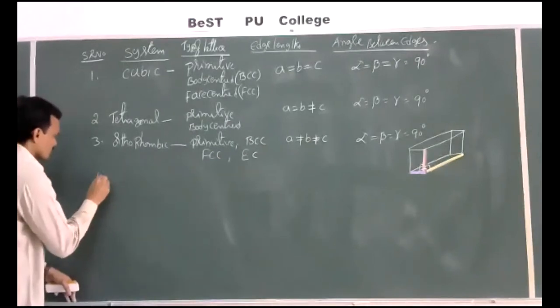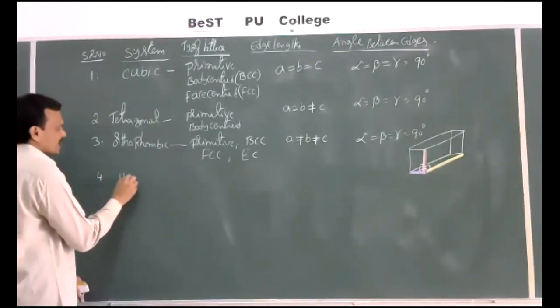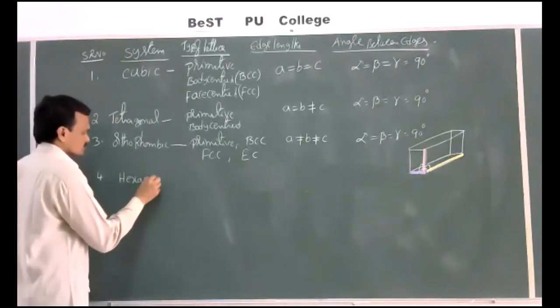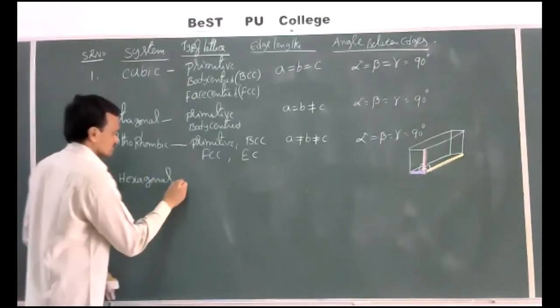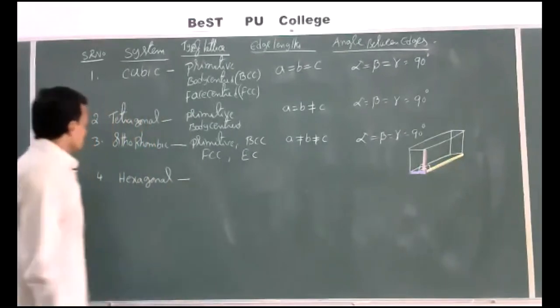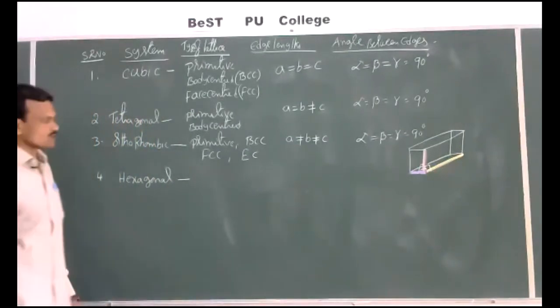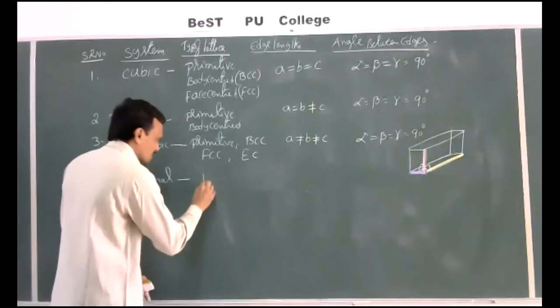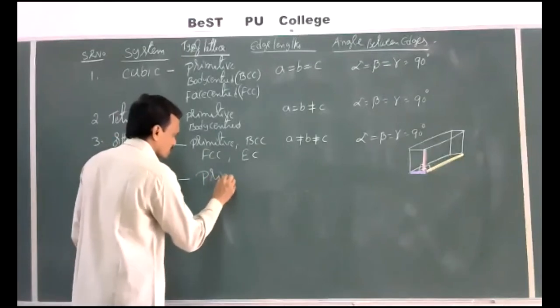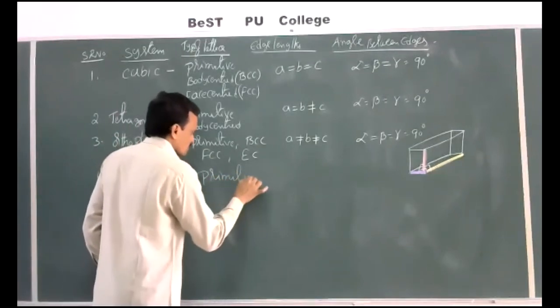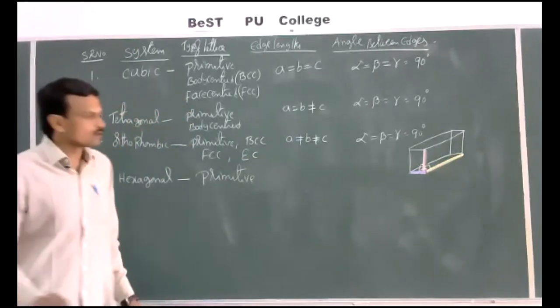Now come to the fourth one, the hexagonal system. This hexagonal system consists of only one lattice, that is nothing but primitive only. No centered unit cells are possible. Let us see here.